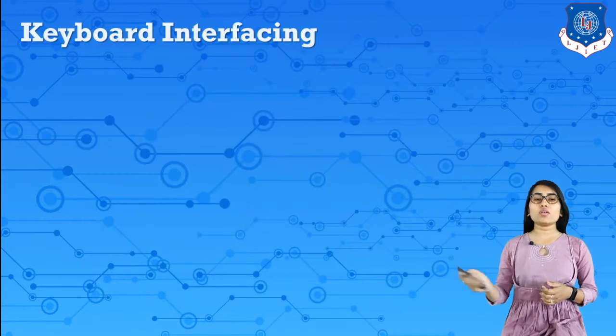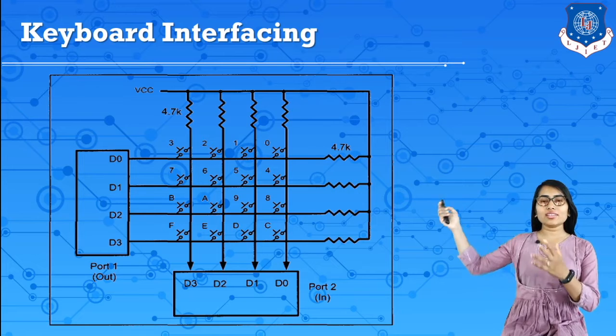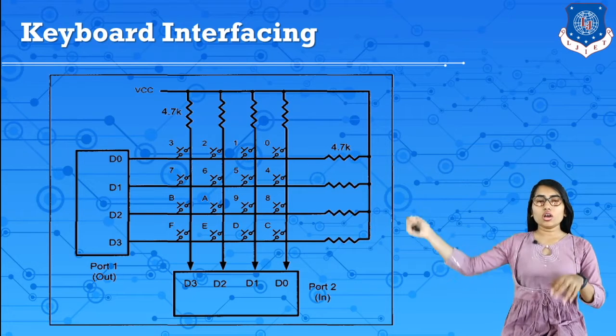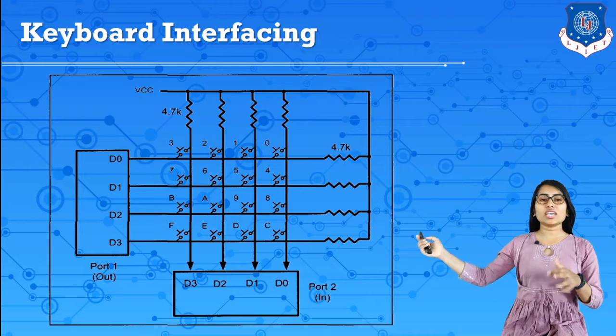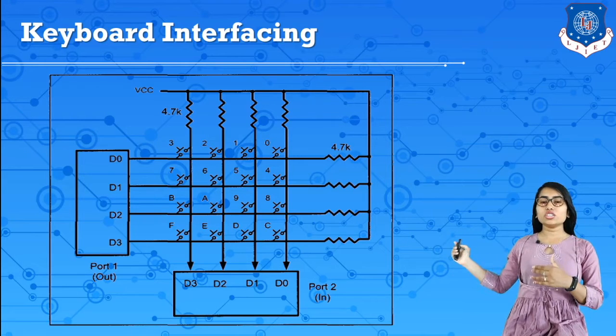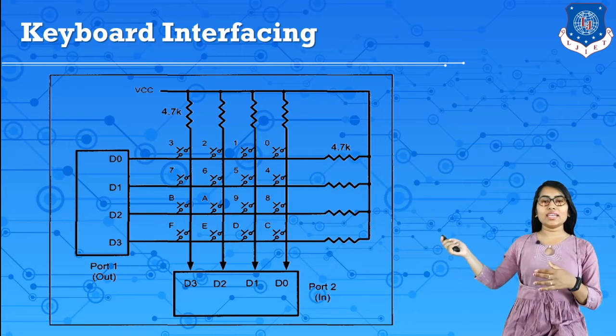Here we have this keyboard matrix configuration. So these are all the keyboard configurations. These pins D0, D1, D2, D3 are the 4 bits of the rows, and here D0, D1, D2, D3 are the 4 columns, and they can be connected like this.